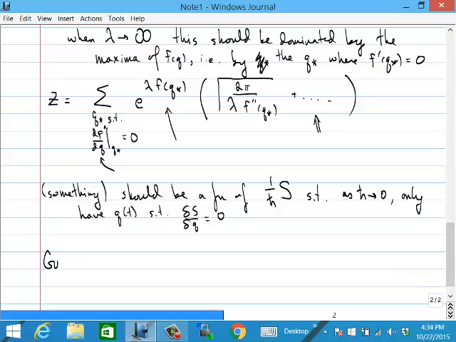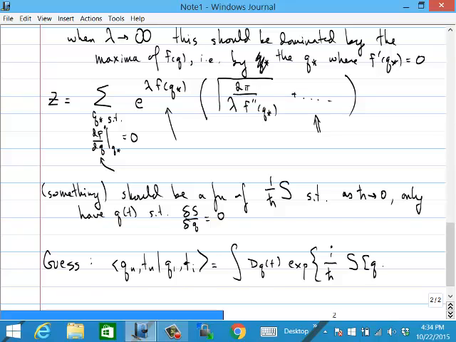So the natural guess that we would make, and this is a guess that turns out to be correct, is that you should integrate over all paths q of t of the exponential of 1 over h bar times the action of that classical path.